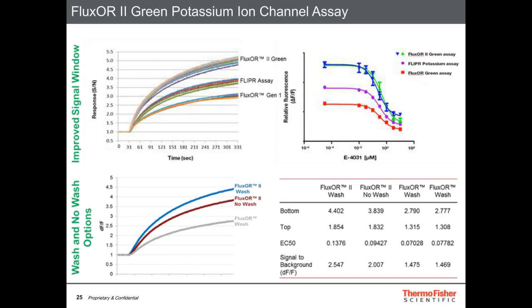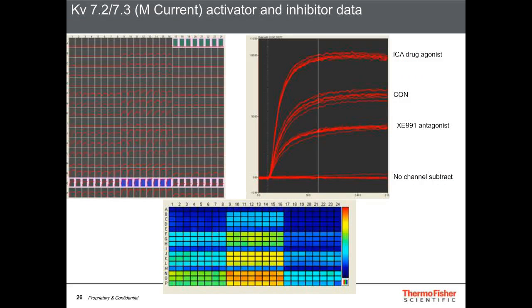You can see there in the middle set of graphs in the top left that it had a slightly higher signal to noise, so we went back to the bench and produced an even further improved signal with a dye that's much more sensitive, and that also gave us the luxury of producing an assay that retains all the pharmacological fidelity you see in the lower right against a common drug, E4031, used against the hERG cardiac potassium channel, but also gives us the opportunity to do the assay in no wash.